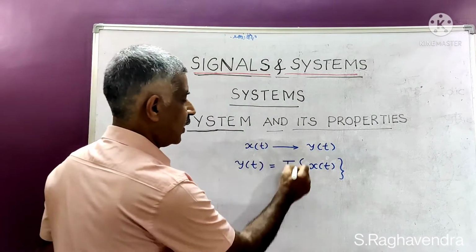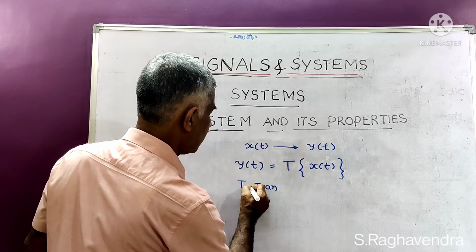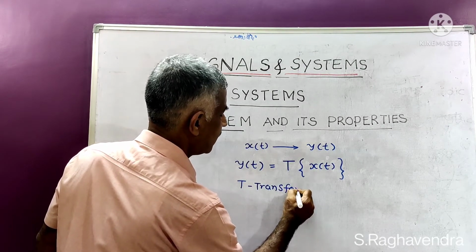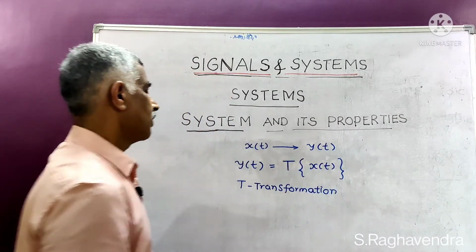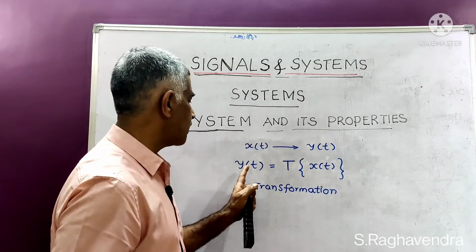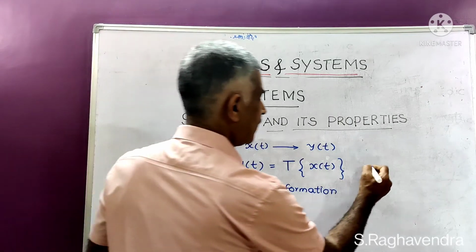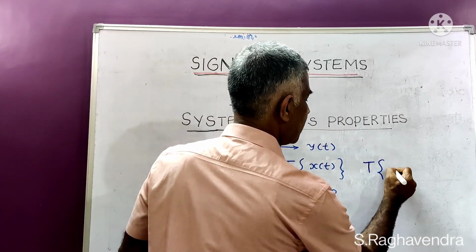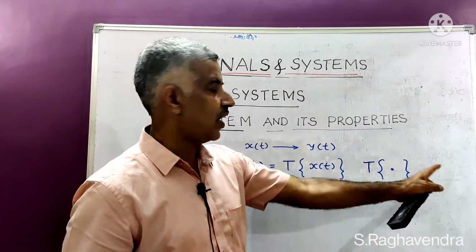What is the significance of T? T stands for transformation. So if the signals are continuous time, y of t is equal to T of x of t, where T stands for transformation.